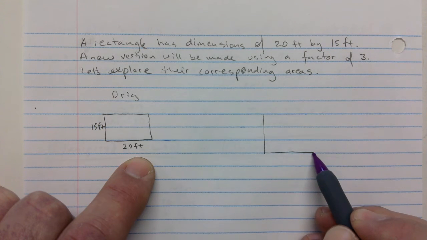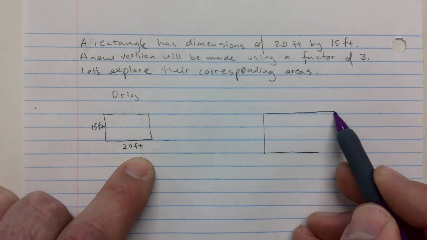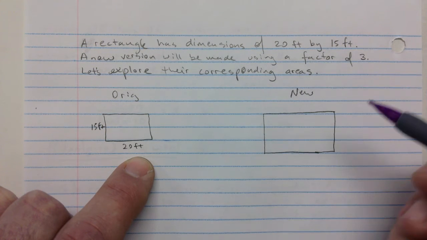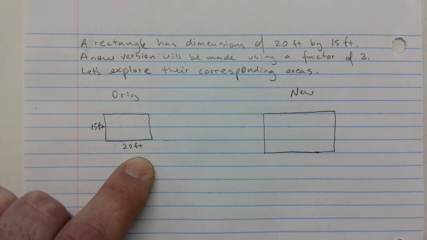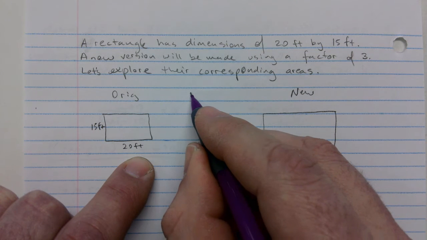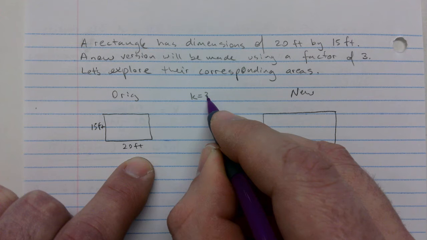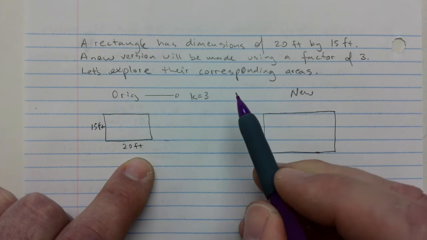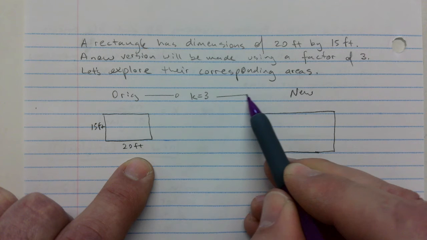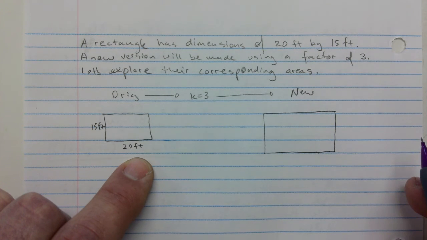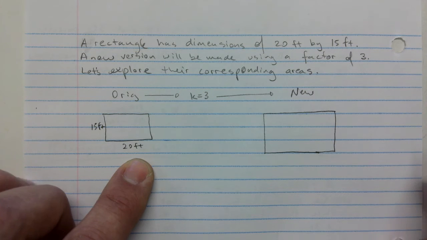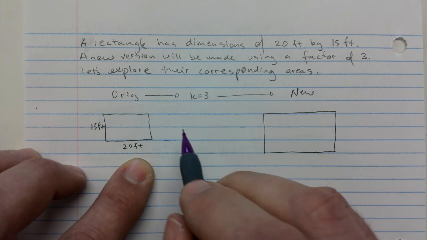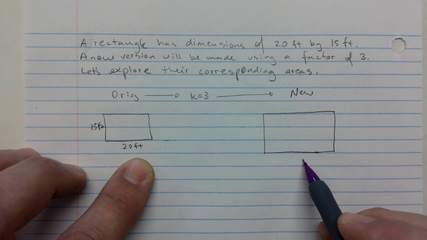So we know that it's a bigger version of the original. This is the new one. So what we know is that k is 3. So essentially you're increasing it by a factor of 3, and you get the new one there. So k, the scale factor, is 3. That's an enlargement.